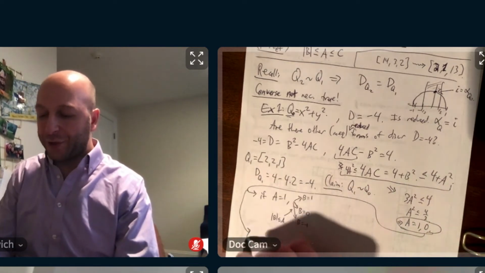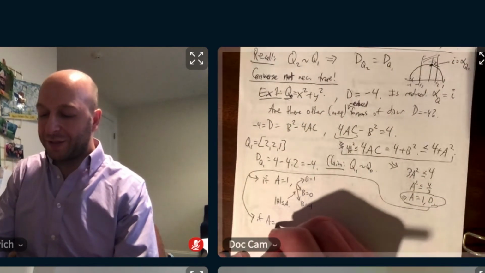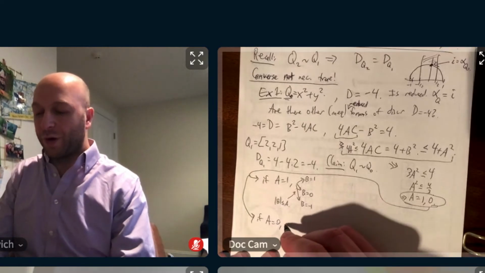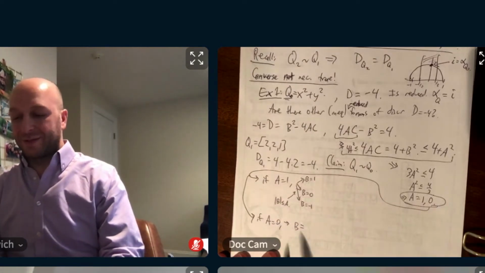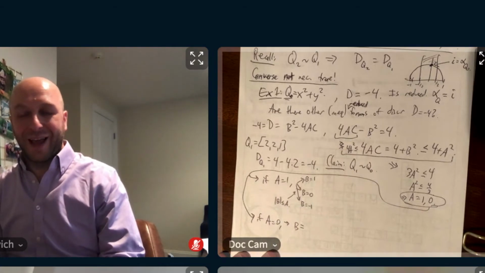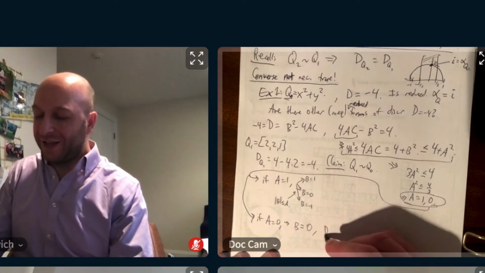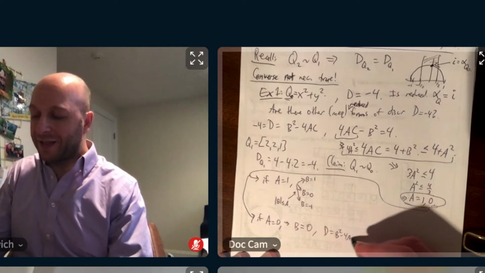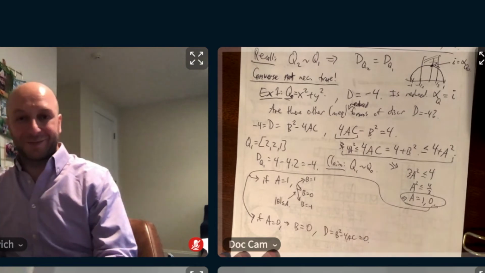There's another option, which is that A is equal to 0. Well then what do we know about B? B is bounded by A, and A is 0. So B is 0, and D is B squared minus 4AC, and if B is 0 and A is 0, then D is 0.